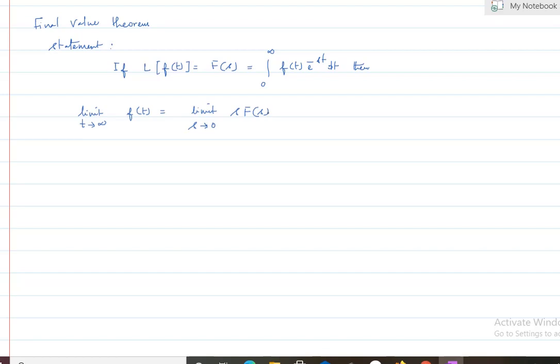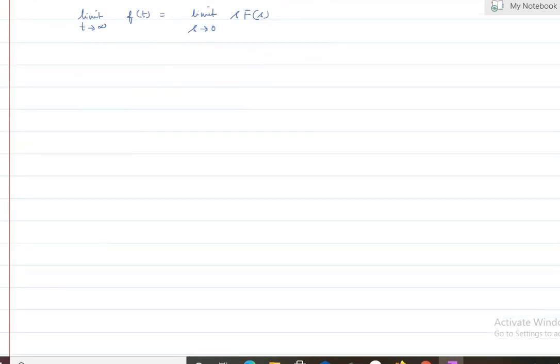This is the statement of final value theorem. Now to prove this, we will use the proof like initial value theorem.